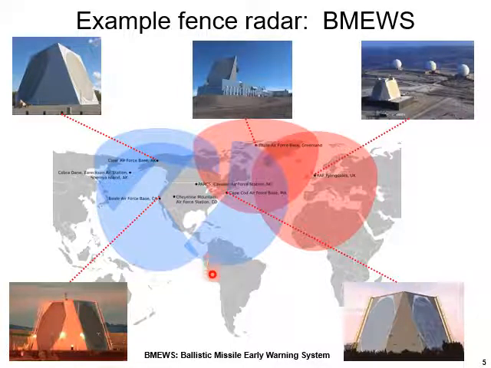That means if some missile comes from another part of the world, this whole system will warn the corresponding country long before the missile actually comes to the target. So this is a kind of fencing system.